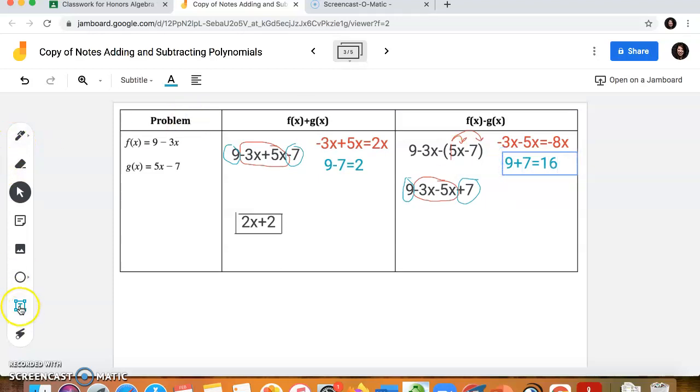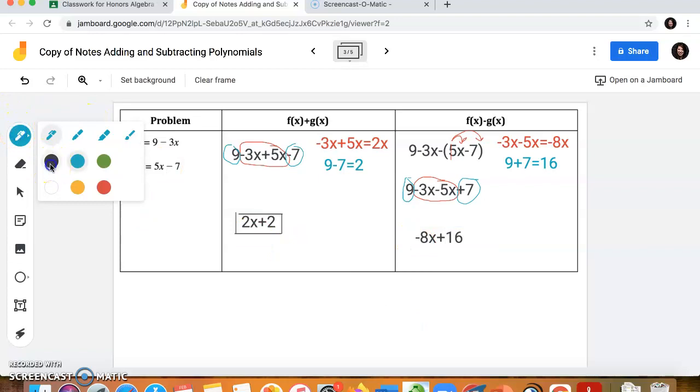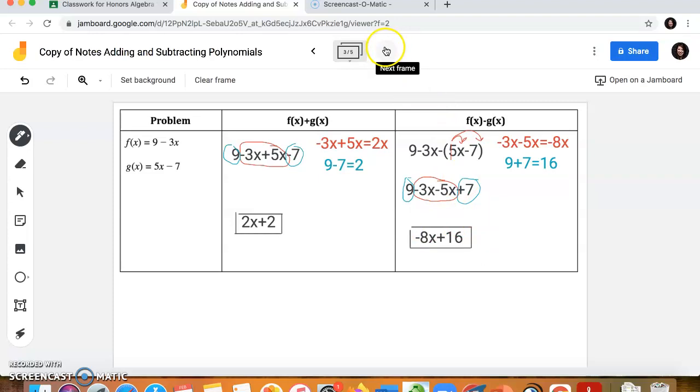So our final answer is going to be negative 8x plus 16. If you need more time on this slide, go ahead and pause it because I am moving on to the next one.